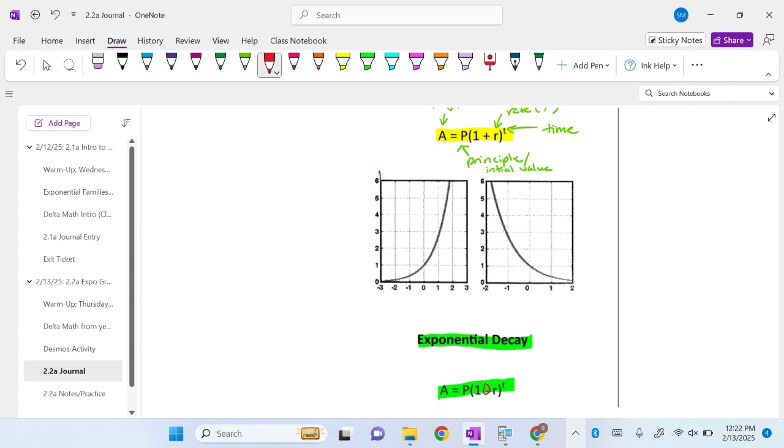Because when you hear the term growth, besides growing, what do you think? What word do you think of? What's a synonym for growth?